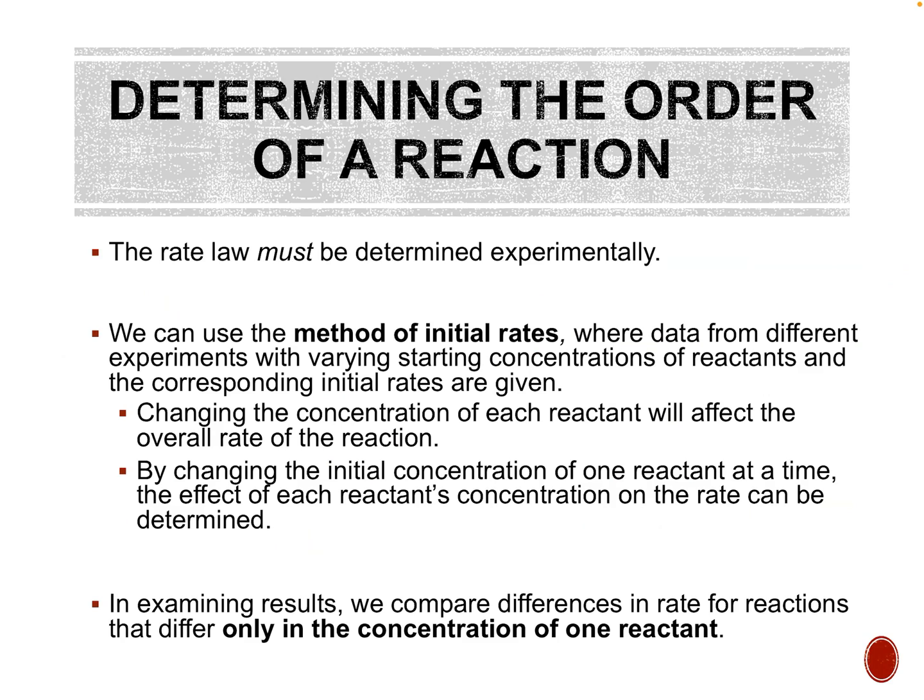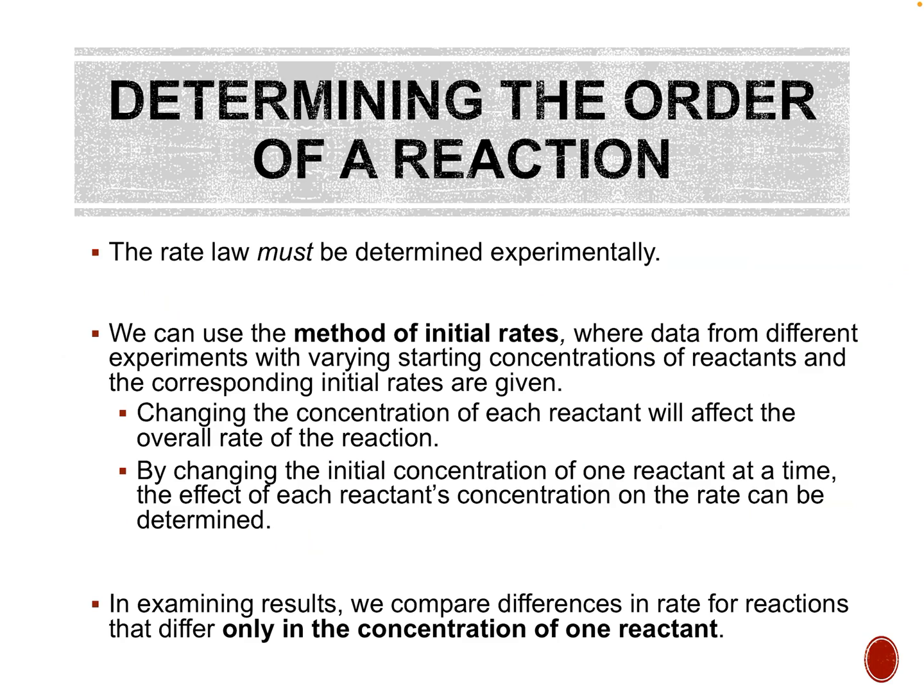If we double the concentration of our reactant and nothing happens to our rate, then we know it's 0 order. And if we double the concentration of our reactant and our rate quadruples, we know it's second order. So we can look at what happens to our rate when we do something to our concentration, and we can use that to figure out the order of the reaction.